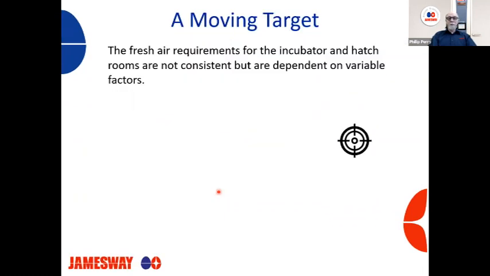Fresh air requirements for the incubator and hatch rooms are not consistent, but are dependent on variable factors. So it's a continual moving target, or else we would just have a manual setting for our ventilation and leave it like that and walk away.